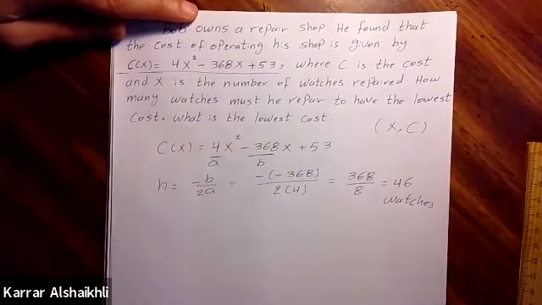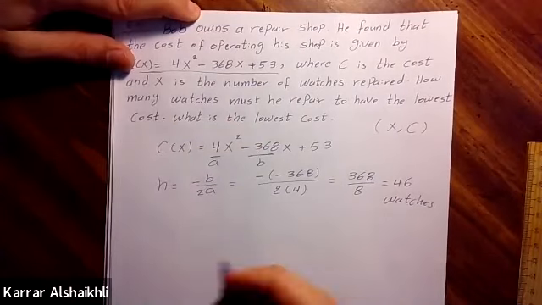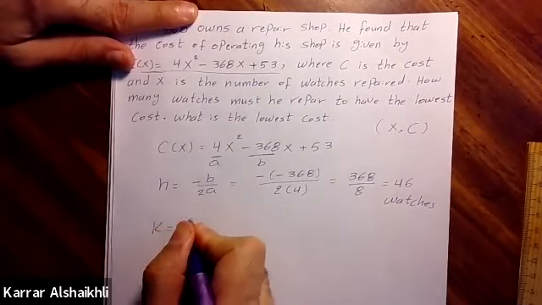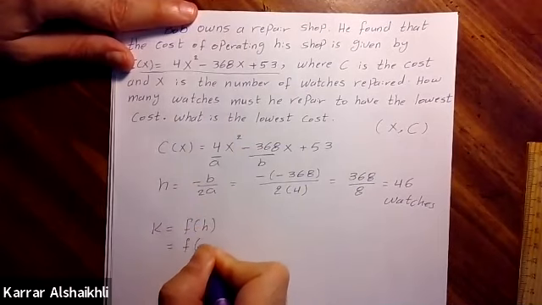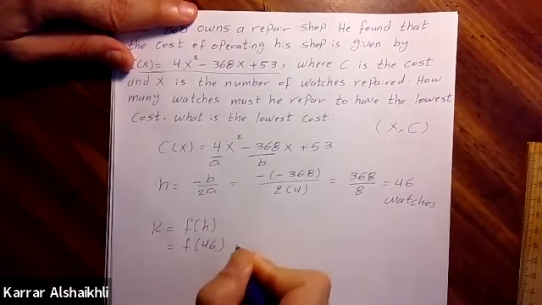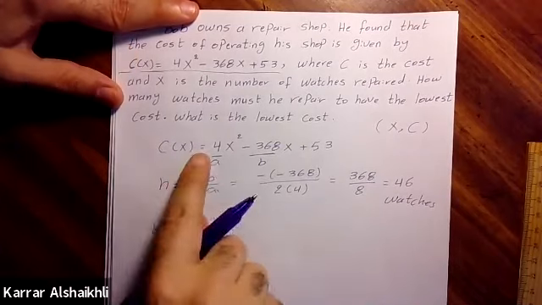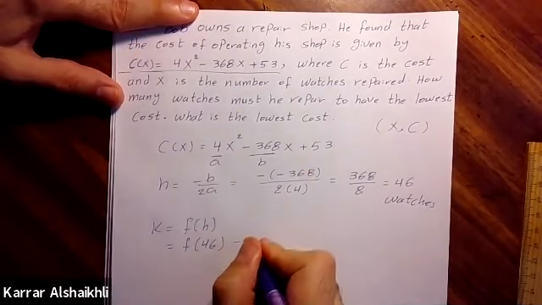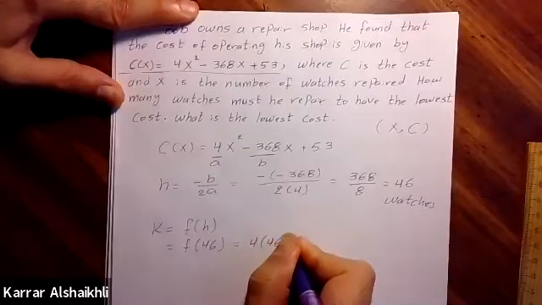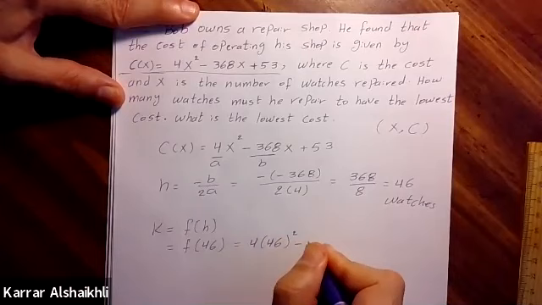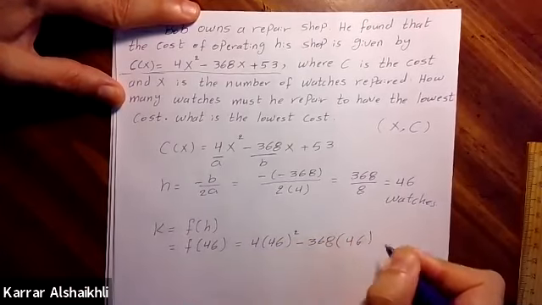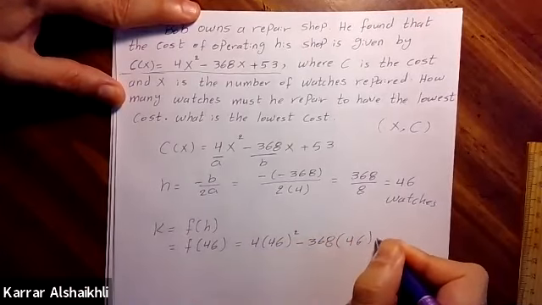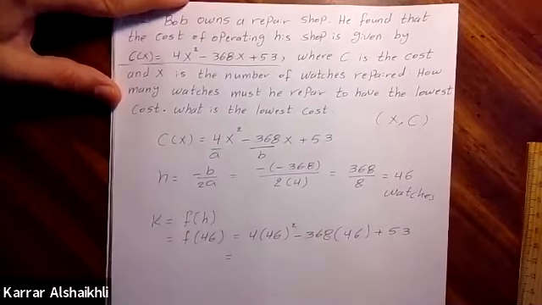That means they ask you to find the k. k is going to be f of h, which is f of 46. That means you're going to plug in 46 here. So it will be 4 times 46 squared minus 368 times 46 plus 53.